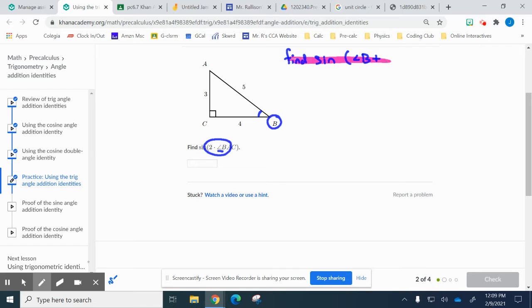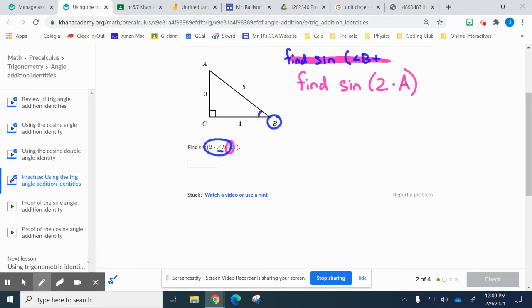So we need to find, and I won't use any blue, find the sine of 2 times angle BAC, right? So we use that middle letter, that's the point of the angle, 2 times angle A. All right, so this is called a double angle.